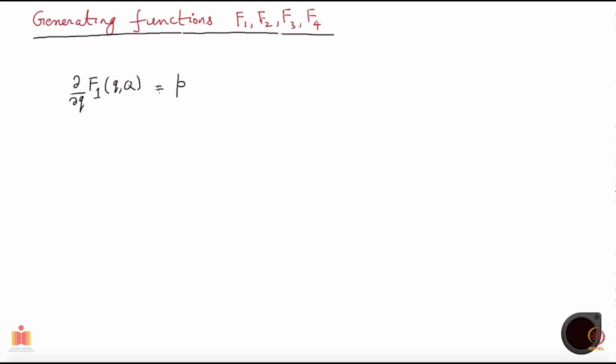So small p, for example, is p1, p2, and so on to pn. So this was the relation for f1, and the second relation for f1 is del f1 of small q, capital Q over del capital Q is minus the new momenta.